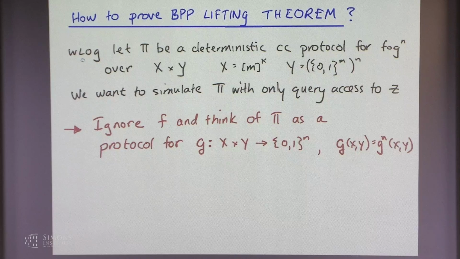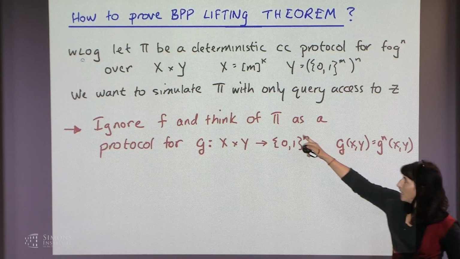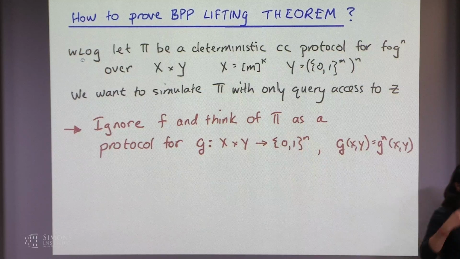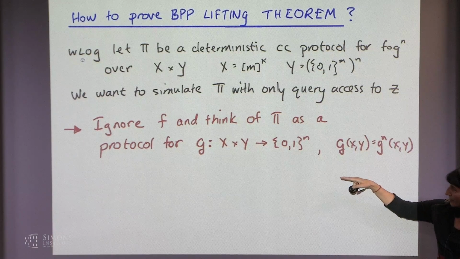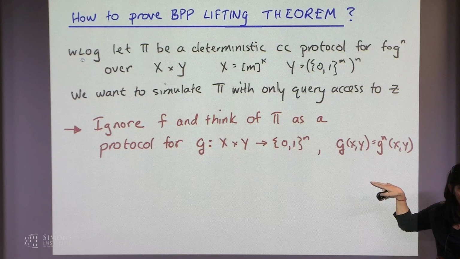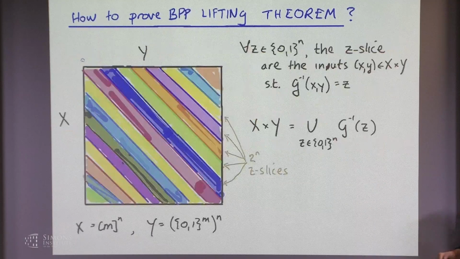So we're just going to ignore f altogether. Instead, pi is a deterministic protocol for the composed function, but we're really going to think of it in terms of how it partitions the inputs to f.